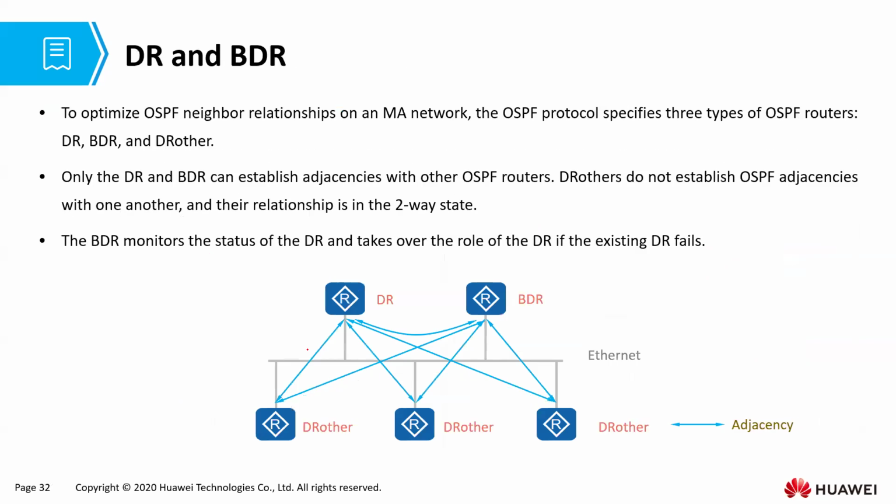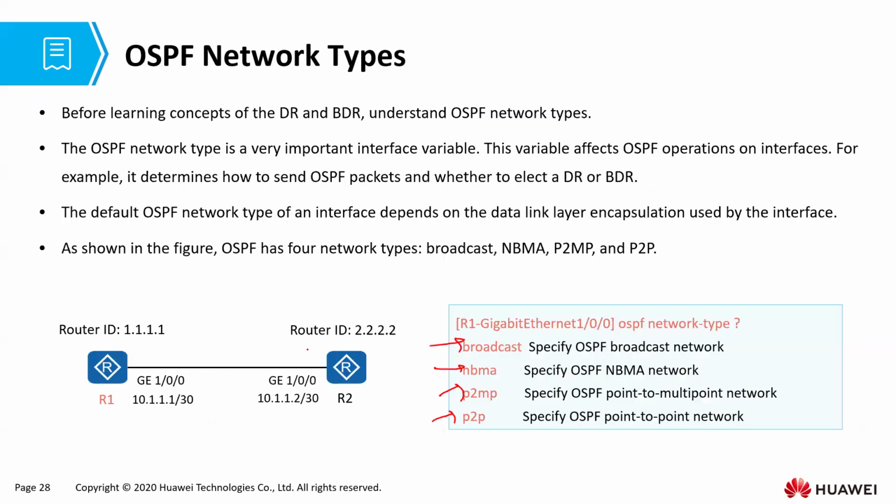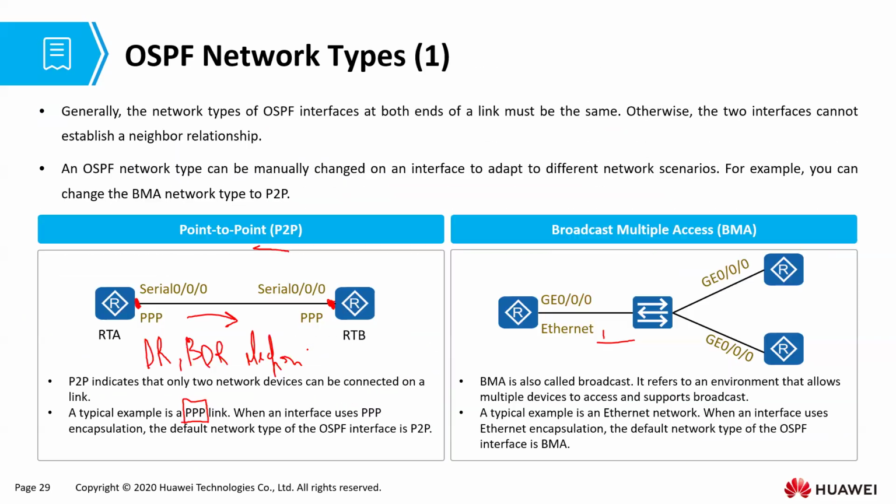Is this not the right time to define DR? It's defined after, but let's just define it now because it's popping up everywhere. DR. When we talk of a designated router, it's a way of centralizing how advertisements are flooded.